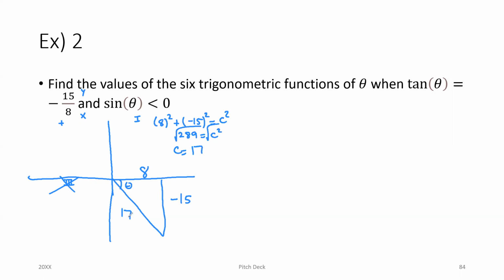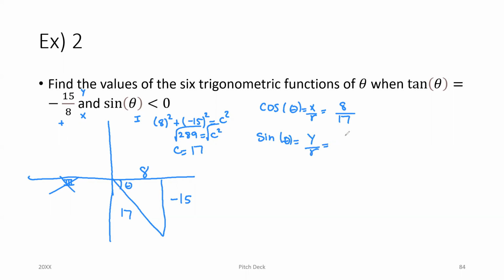Okay, so first I would find the first three: sine, cosine, tangent. So let's first find cosine theta. The cosine is x over radius. So our x value is 8, and my radius is 17. Sine theta is y over radius.